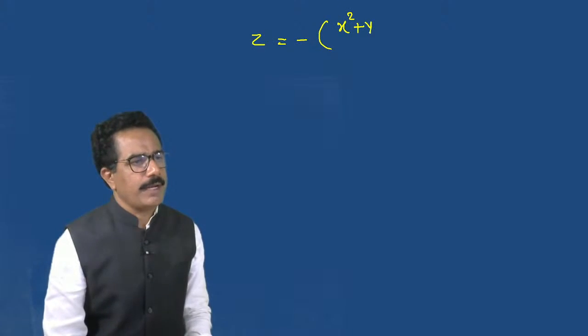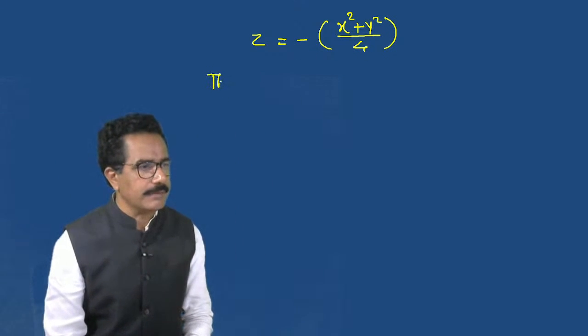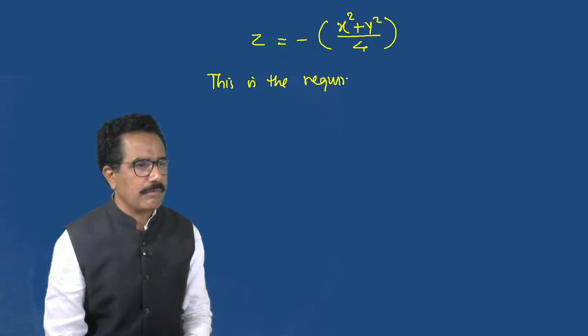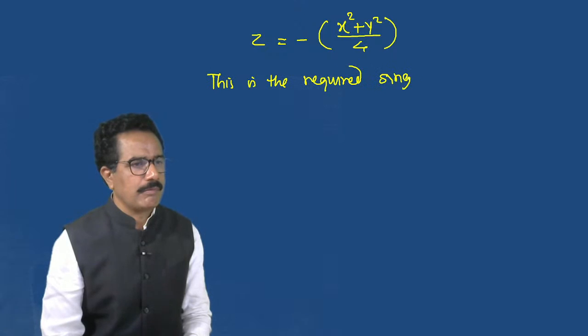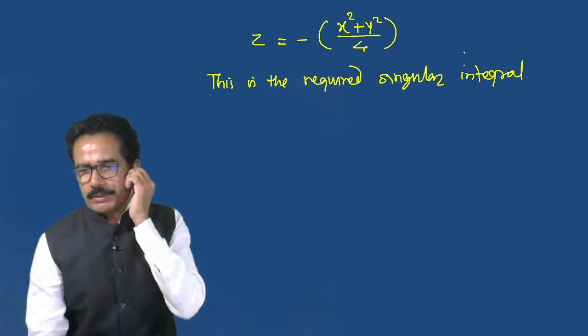So we can write z is equal to minus, in a bracket, x square plus y square divided by 4. So this is the required singular integral.